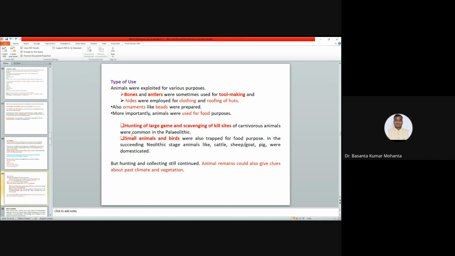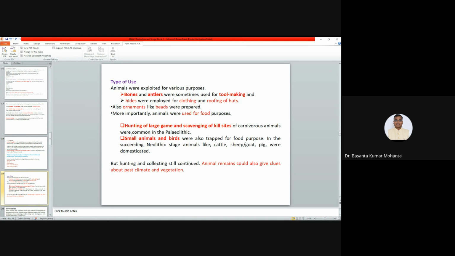We can take the example of harpoons and fish hooks, used by prehistoric people for hunting activities. Similarly, the skins or hides of big wild animals were used for covering the body as clothing, for roofing their huts, or to carry liquid material as a container. Some beads, some bones, and some fish bones were also used as ornaments by prehistoric people.